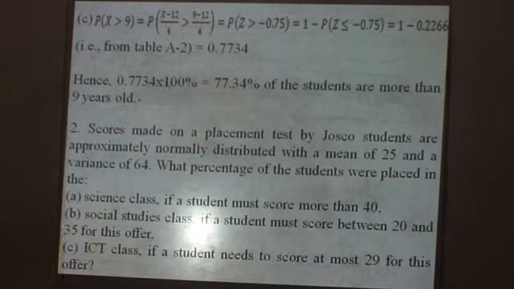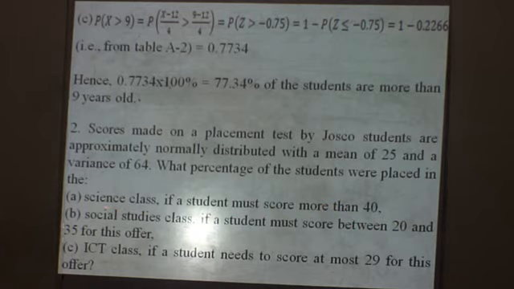Scores made on a placement test by JOSCO students are approximately normally distributed with the mean of 25 and the variance of 64. What percentage of the students were placed in the science class if a student must score more than 40 in order to be placed in the science class?